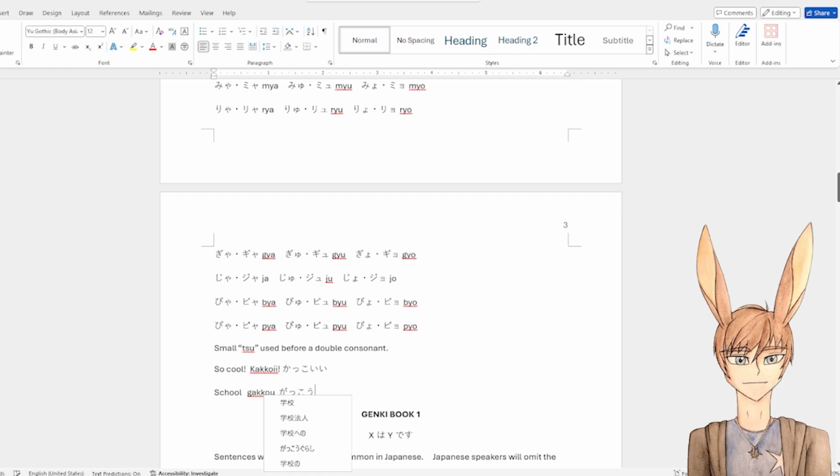So, gakko. So it brings up the kanji here. But that's another example of how the small tsu could be used to make a double consonant.